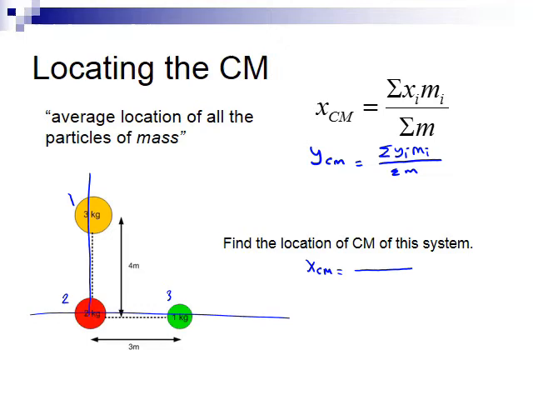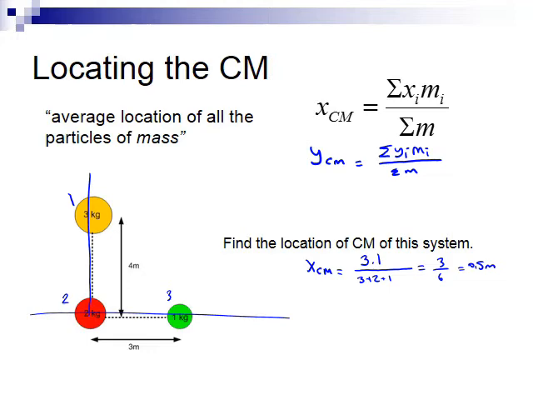The horizontal distance to object 3 is 3 meters, so I'm going to go 3 times the mass, which is 1. And the sum of all the masses, 3 plus 2 plus 1. So I'm going to end up with 3 over 6, which is half a meter. This means the center of mass lies somewhere half a meter to the right of my origin.